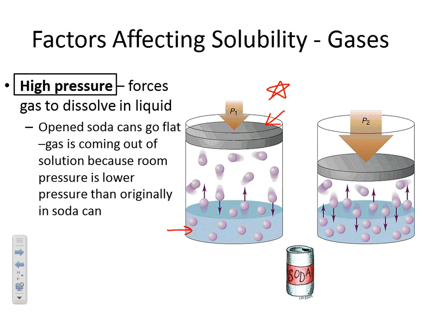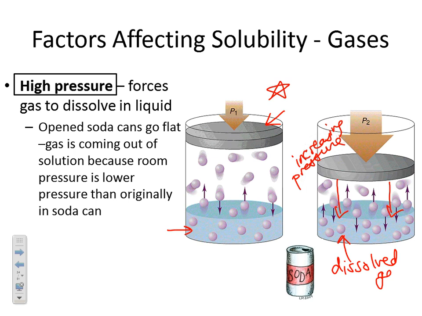When the piston presses down, we are increasing pressure, and that forces the carbon dioxide to go into the solution, and now we have a whole bunch more dissolved gas. Then they simply siphon off this liquid and put it into the cans, and then, boom, there is our carbonated soda beverage.